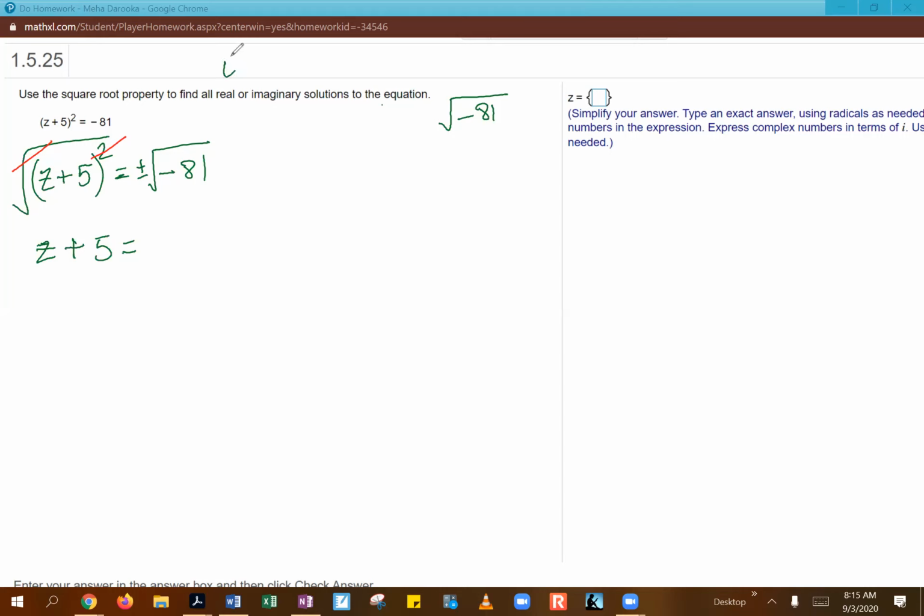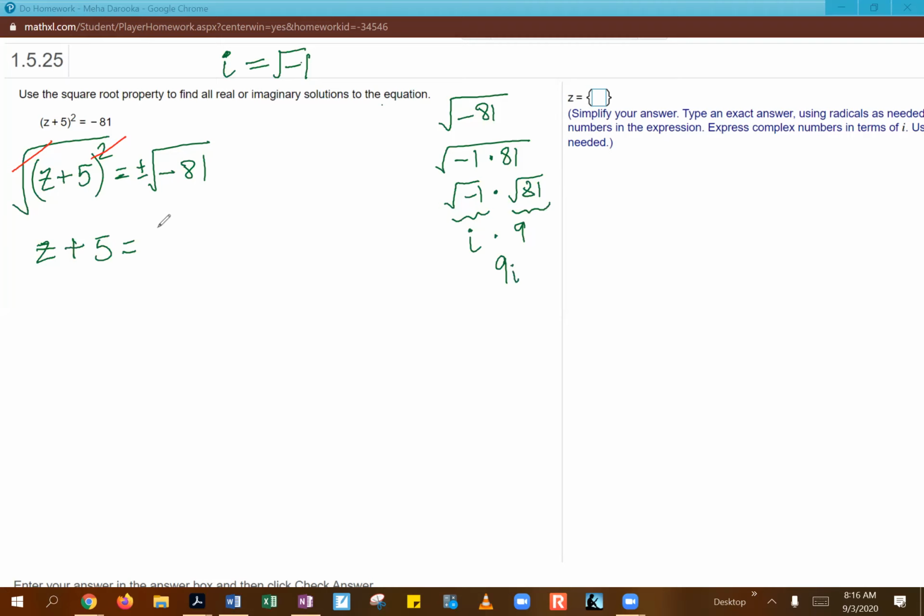Because, again, if you remember, we define i as being square root of negative 1. So the simple thing you have to do is just separate that negative from the 81. So you can write it as negative 1 multiplied by 81. And then when we separate these, you can have square root of negative 1 and square root of 81. So this guy here will become i. And then, of course, now you can just do square root of 81, which would be 9. So that gives us 9i.